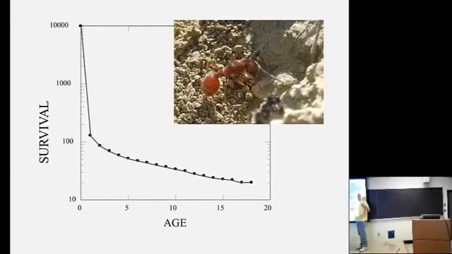Here she is excavating her nest, probably the day after the mating flight. Okay. There are maybe thousands of queens that you can find out on the desert floor who are starting their colonies.